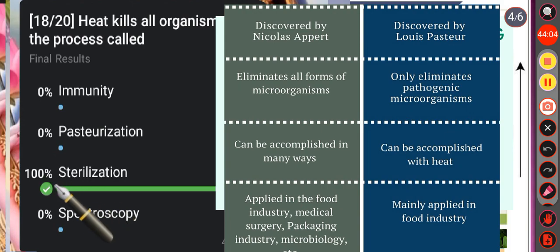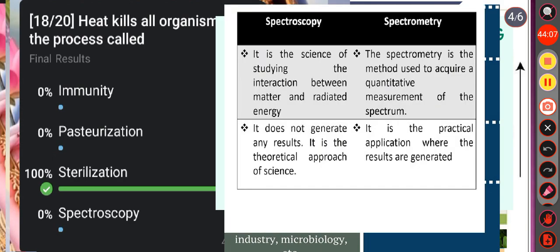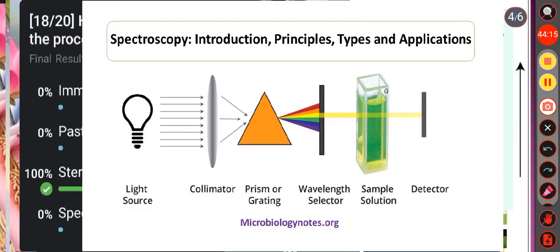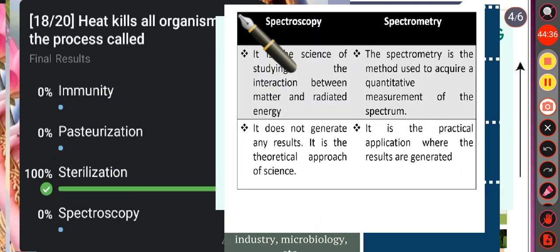Then another term you can see here, that is spectroscopy. What is spectroscopy? Spectroscopy is the study of the absorption and emission of light and other radiation by matter. It involves the splitting of light into its constituent wavelengths, which is done in much the same way as a prism splits light into a rainbow of colors, right? But remember, spectroscopy and spectrometry are two different things.